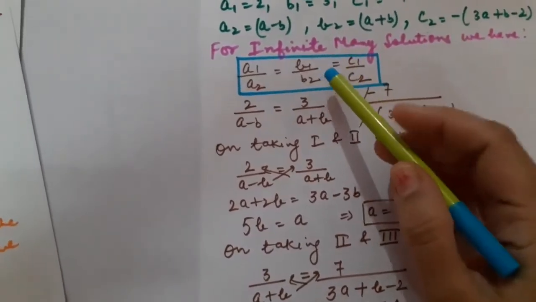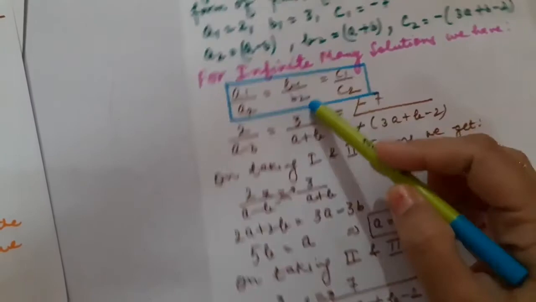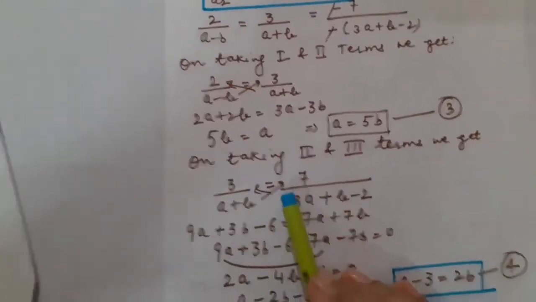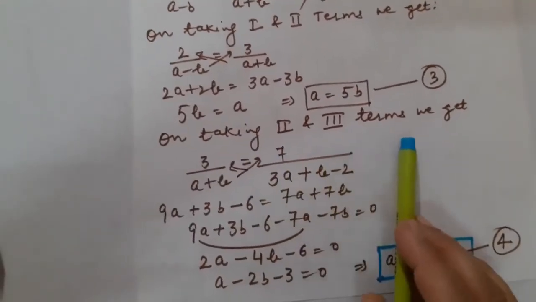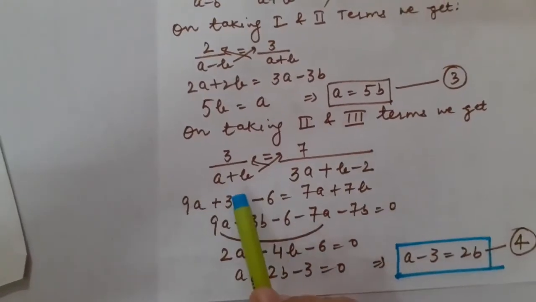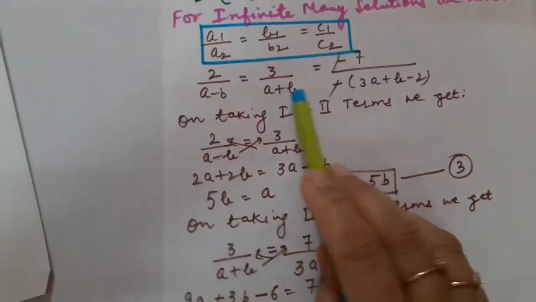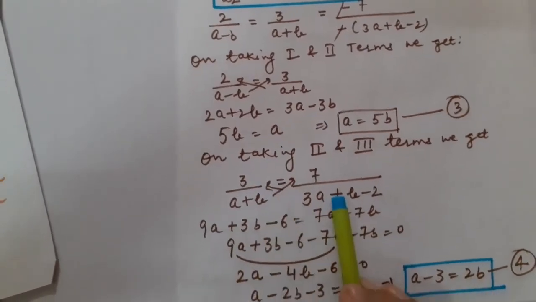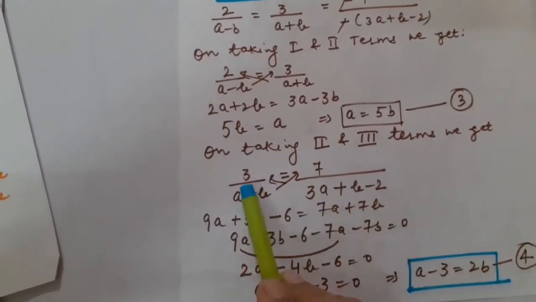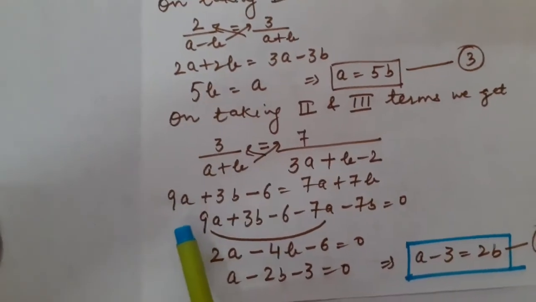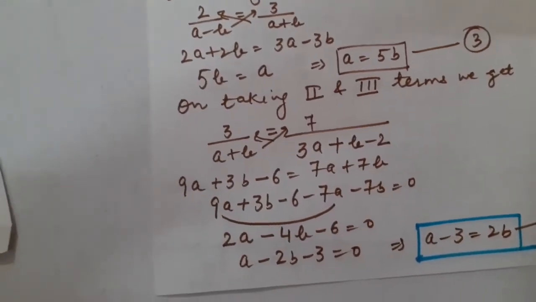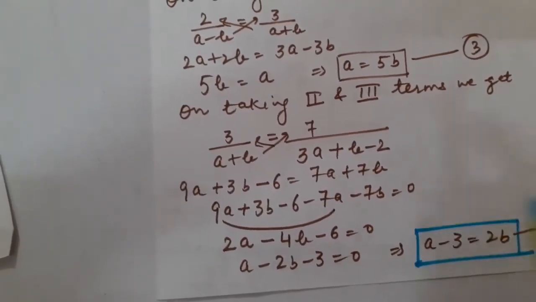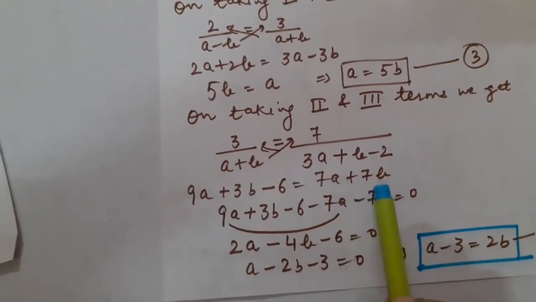Now I am going to compare term number 2 as well as term number 3. Look, on taking the second and third term we get, this is the second term, this is the third term. I am writing over here. Again cross multiplying, this complete expression will be multiplied by 3. So what I have got, 9a plus 3b minus 6 is equal to 7a plus 7b.